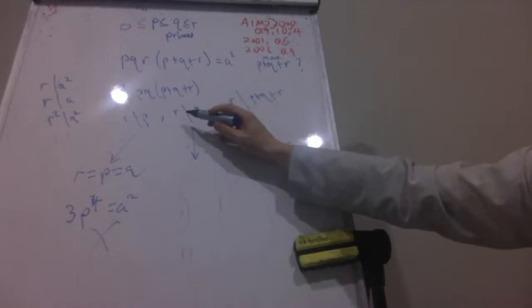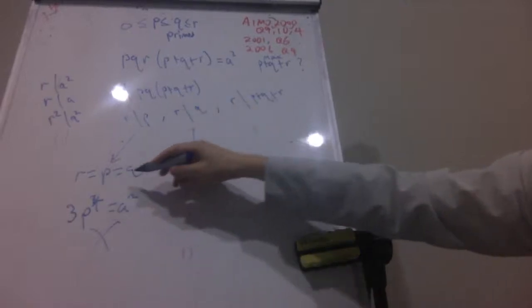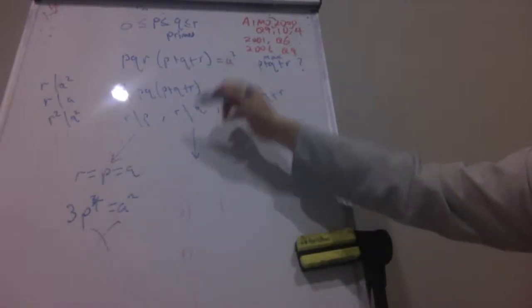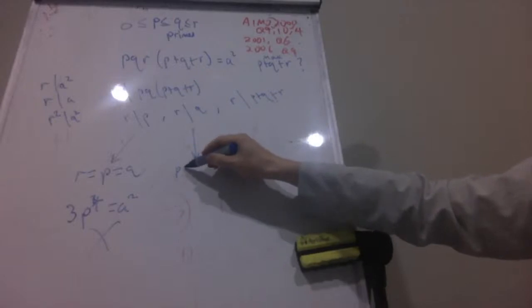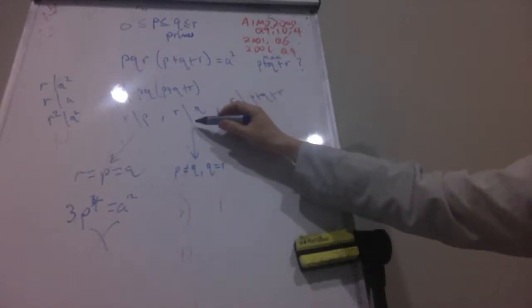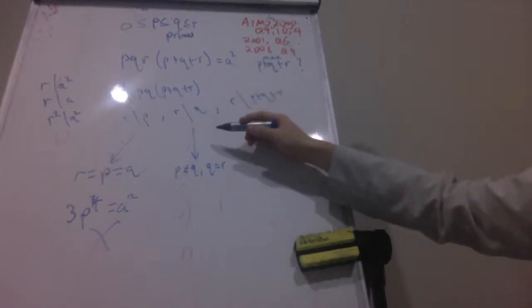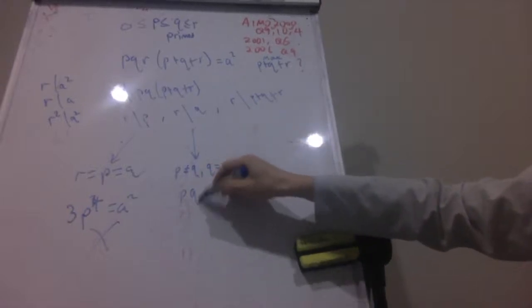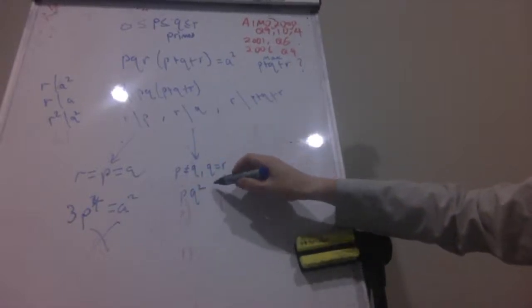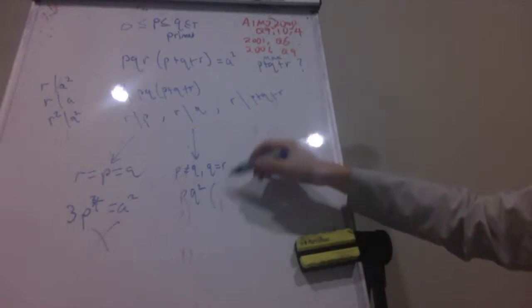If R divides Q, in other words R equals Q, we can assume R is not equal to P. So P is not equal to Q, but Q is equal to R. So that's what happens here, yeah? So that's like PQ squared. Can you tell me what that is?